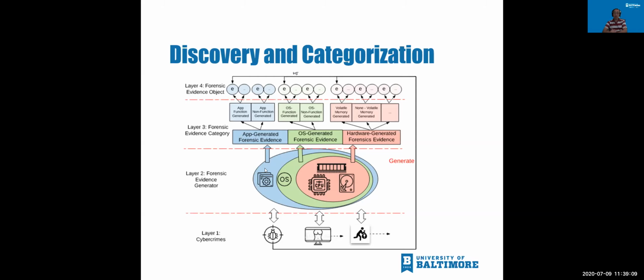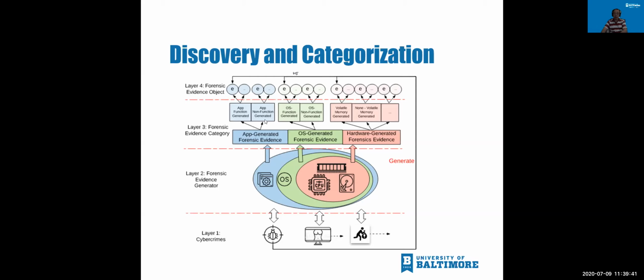For example, the application generator could be further decomposed into 2 categories: app function generated evidence or app non-function generated evidence. App function generated evidence means evidence generated by functional requirements of the system.